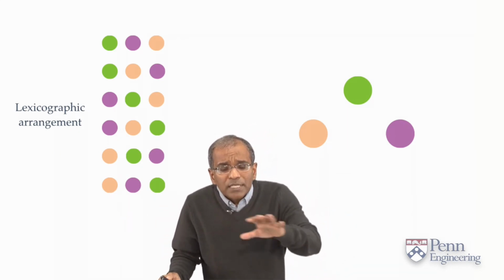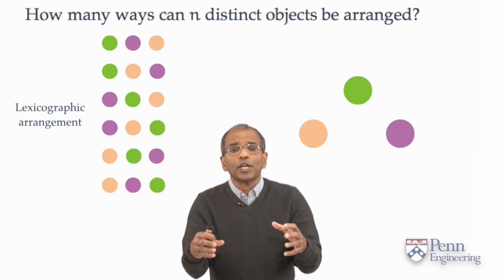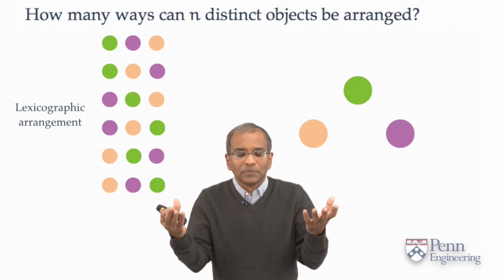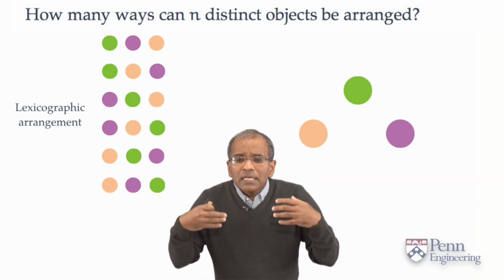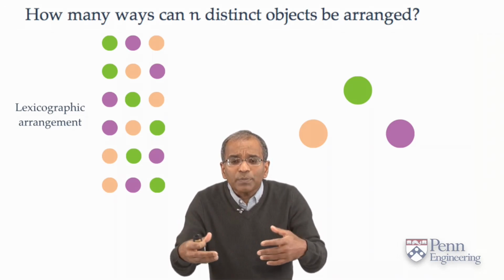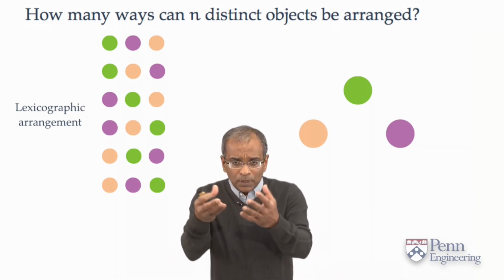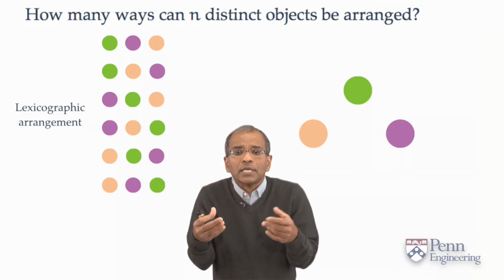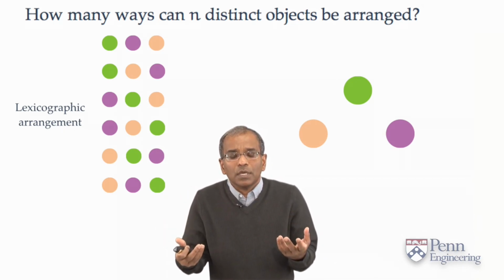Now, let's put this in the context of sampling. Suppose we start with a population, a set of n distinct objects. How many different ways can these objects be arranged? In the balls in front of you, you've got an arrangement of 3 objects, and there are 6 possible arrangements.